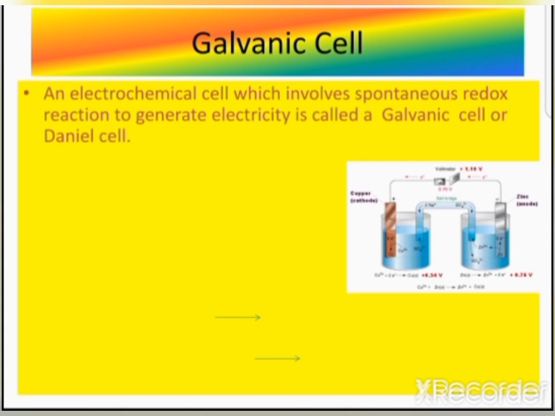An electrochemical cell which involves a spontaneous redox reaction to generate electricity is called a galvanic cell or Daniell cell.